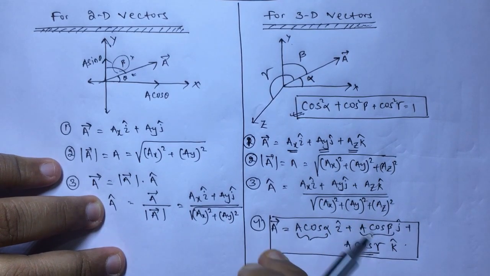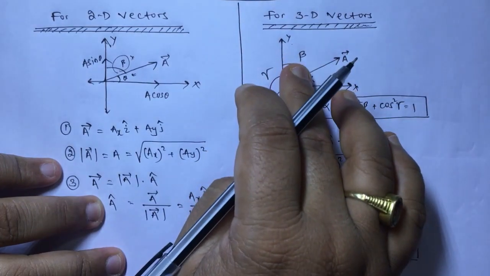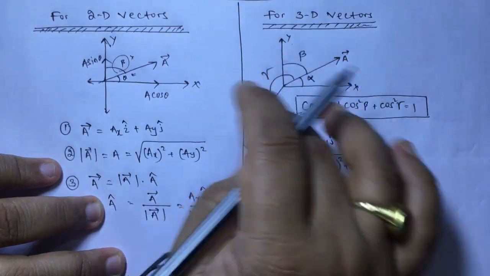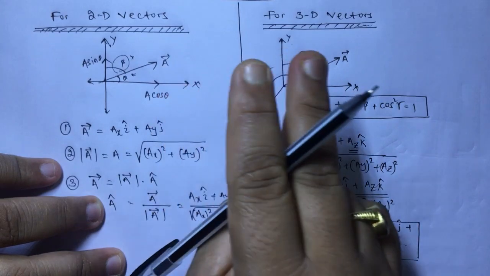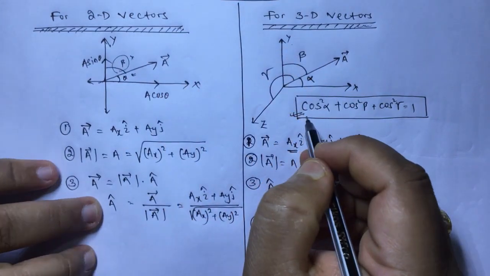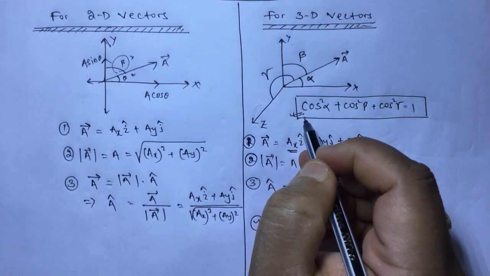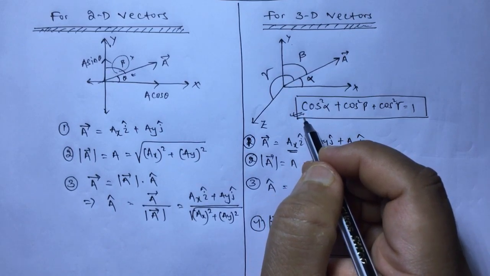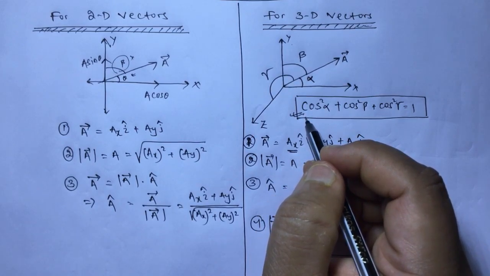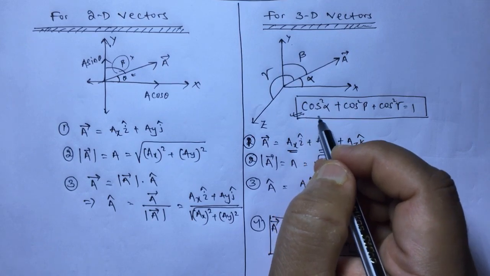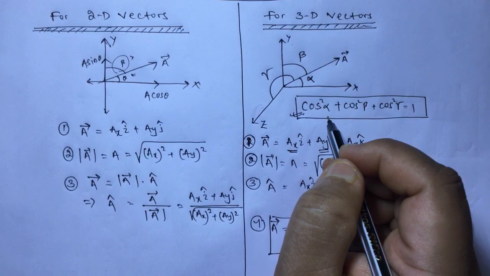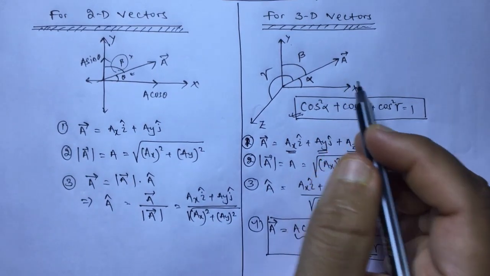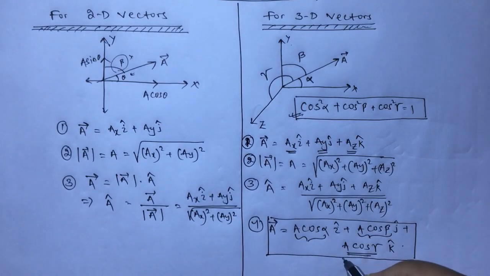But if only alpha and beta, or alpha and gamma, or beta and gamma, out of these three angles, only two angles are given, then you have to go for this formula. You have to use this formula to find the other angle. Let only alpha and beta be given and gamma is not given to me. In that case, you have to use this formula to find the value of gamma, and then use this formula to find the expression of a.